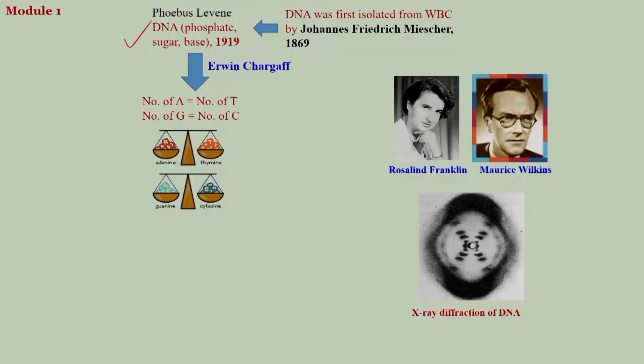And then later Erwin Chargaff found out a very interesting fact, if you isolate DNA from multiple sources. By that time it was known that DNA consists of course of phosphate. What is the sugar? It was established that it has a ribose sugar, and it was also established that it has 4 nucleobases, termed adenine, thymine, guanine, and cytosine, 4 different heterocyclic compounds.